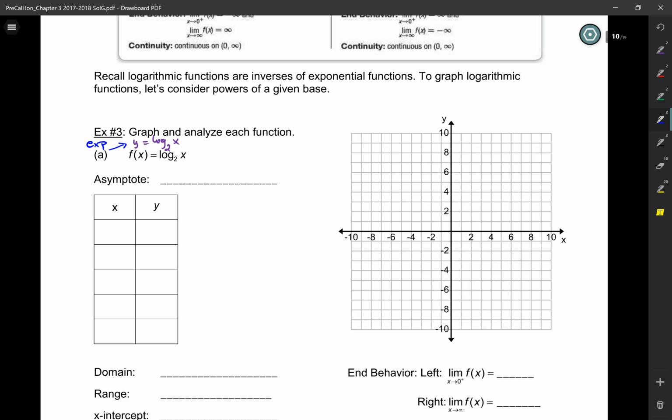Remember I was trying to do that yesterday? What are the powers of 2? 2 to the 0 is 1, and then it's 2, and then 4, and then 8, and then 16. And what if we're going in the other direction? 1/2, 1/4, and so on and so forth. Okay, so good. So remember how we said the y is always the exponent?